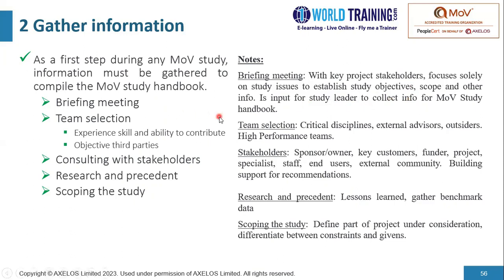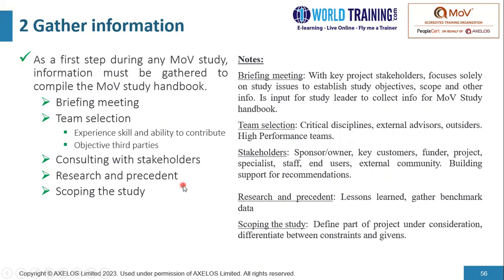And then team selection, experience, skill, and ability to contribute. We need third-party capabilities too. As a part of team selection, good to identify critical disciplines, external advisors, outsiders, high-performance teams. Consult with stakeholders, including sponsors, owners, key customers, funders, project specialists, staff, end users, external community, and building support for recommendations.